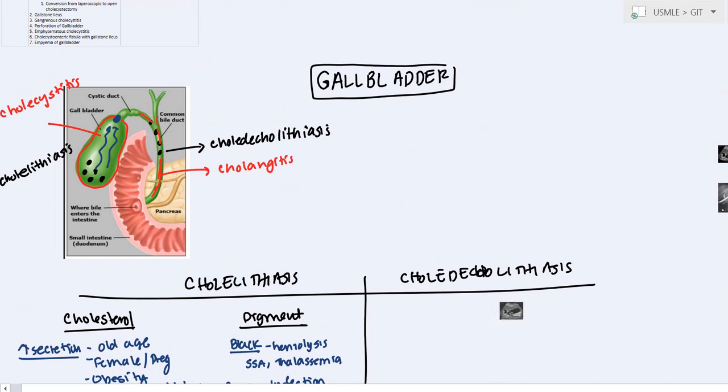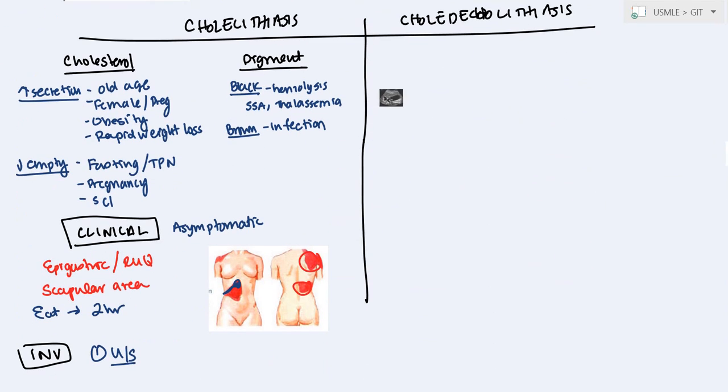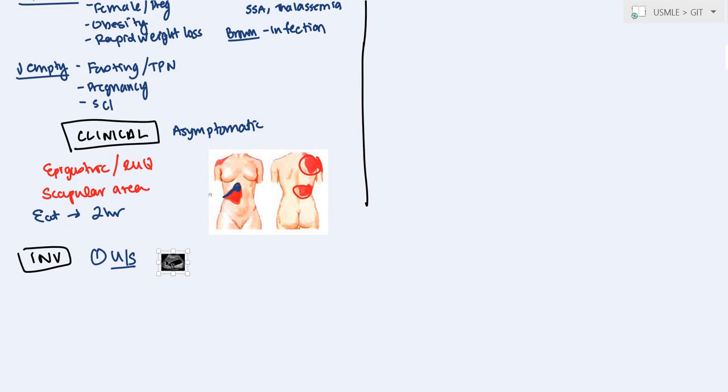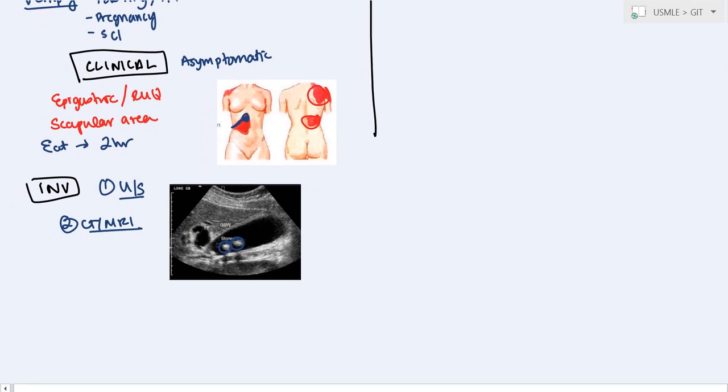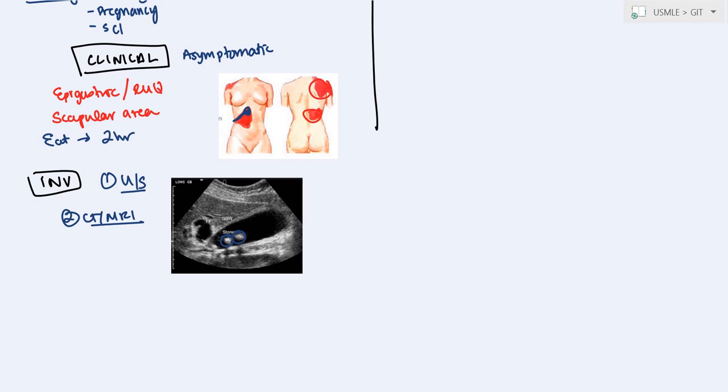So upon ultrasound, see picture here. You can actually visualize the stone. As you can see here, there are 2 stones visualized there in the gallbladder. And to see some complications that we'll discuss in a little bit, you're going to want to do CT and MRI.